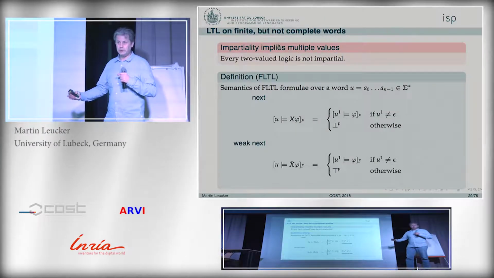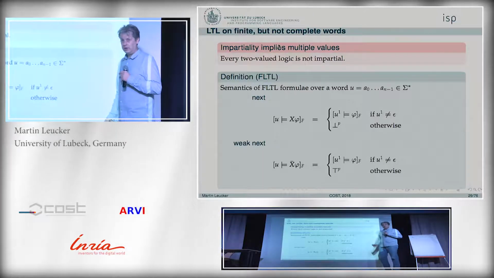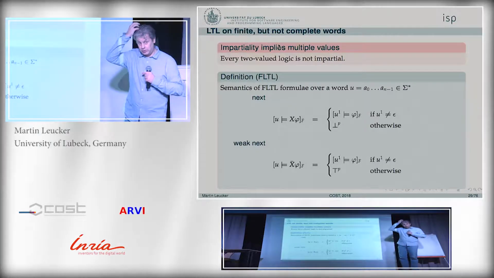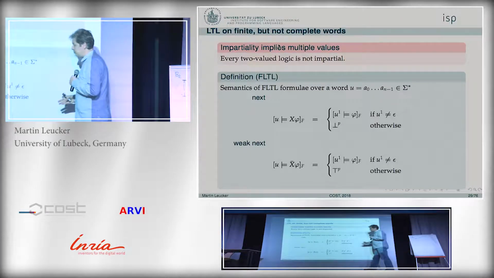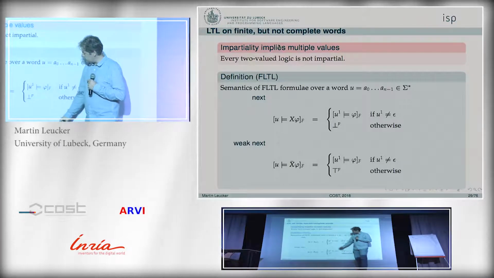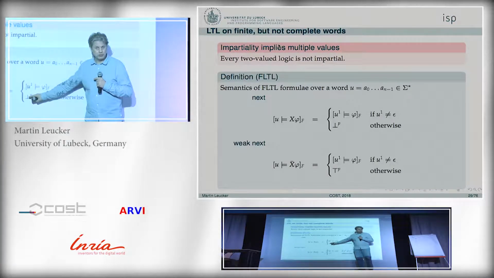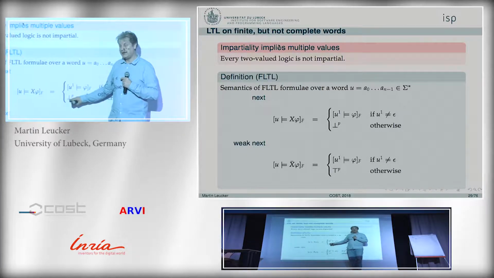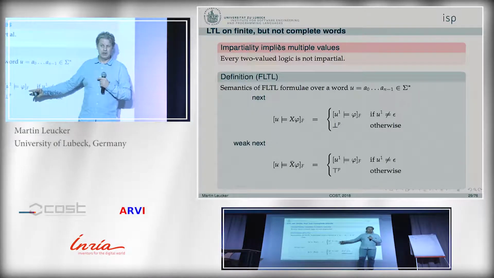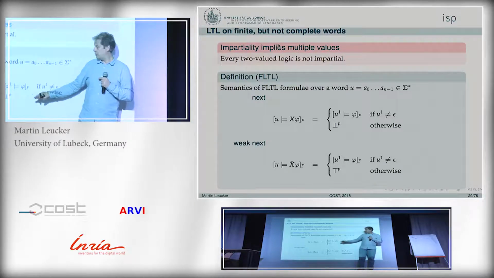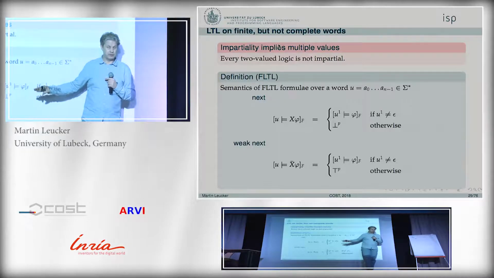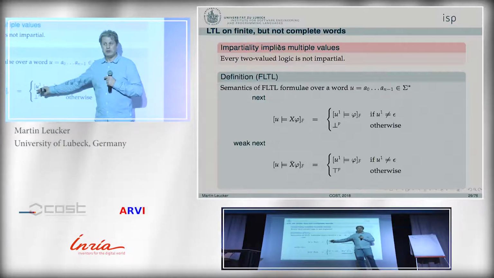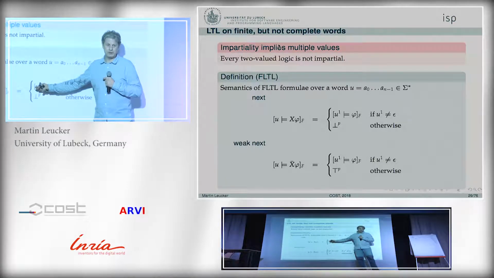Obviously we cannot do that with two truth values. We have to say something like don't know. In the talk by Adrian, you saw, for example, this question mark. Here we go for four truth values. We say it's presumably false if we have the strong next operator and a finite word u and we are at the end position. If it's going to continue, then we will continue the evaluation of phi. But for the moment, if it really would stop, it would be false. So it's kind of false, but it depends on the future.